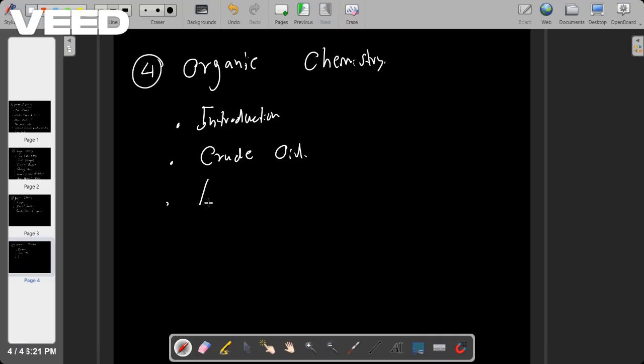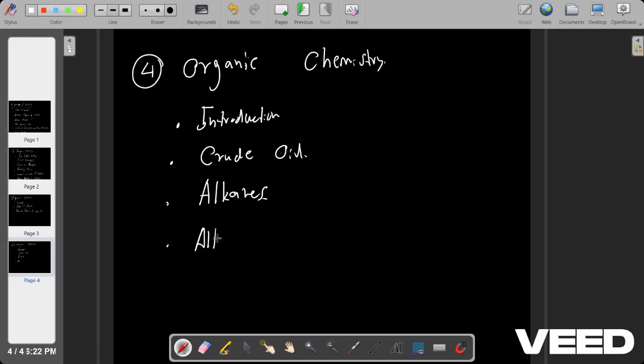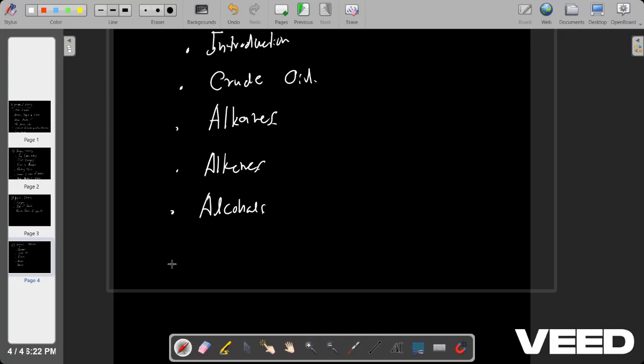We are learning some different types of compounds called alkanes. This is a hydrocarbon section. You will learn later what is a hydrocarbon. And alkenes, alcohols. Everybody knows. Learning about what an alcohol chemical is. Carboxylic acids. These are acids, but they contain carbons, right? Carboxylic acids, very weak acids.